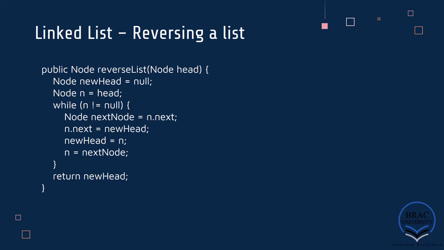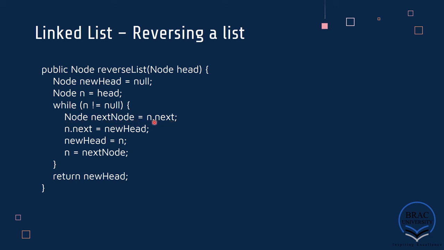We have used these 3 pointers. I have a simple loop, which is the while, where I'm controlling the iterator n. So initially new head is pointing to null, then I have n pointing to head. My loop goes through until I find n equals null.